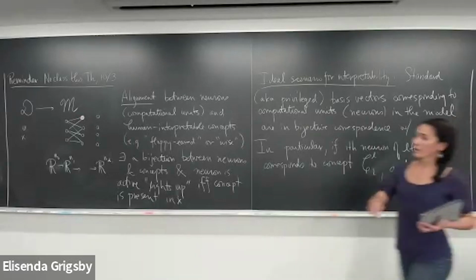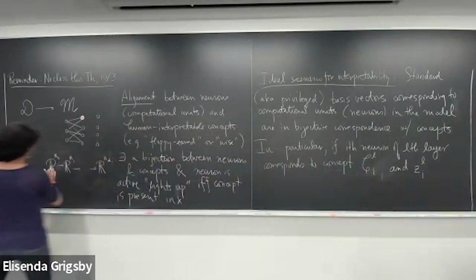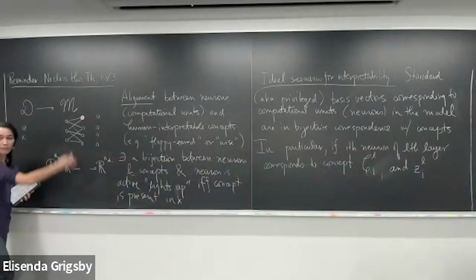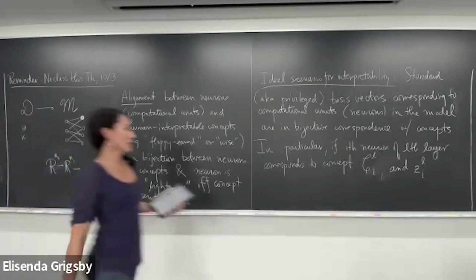So remember, each of these layers is an affine linear transformation with a component-wise activation. Now you can map to some particular layer, and before you apply the activation function, you can look at the output of that particular neuron, so you project onto that component.